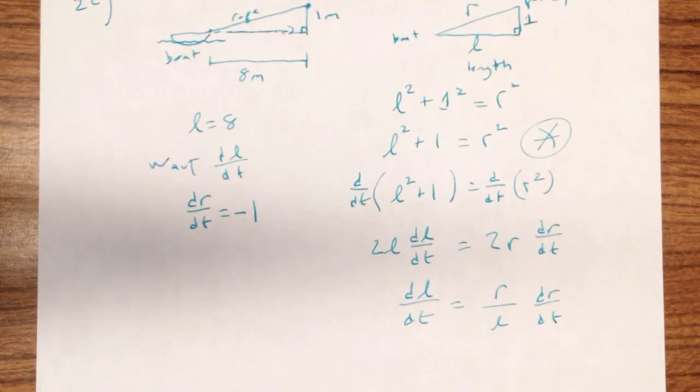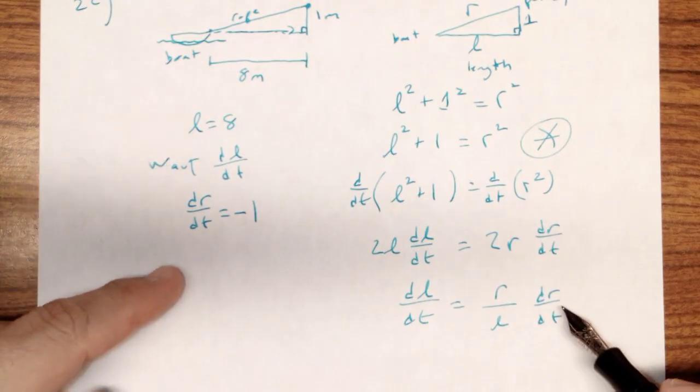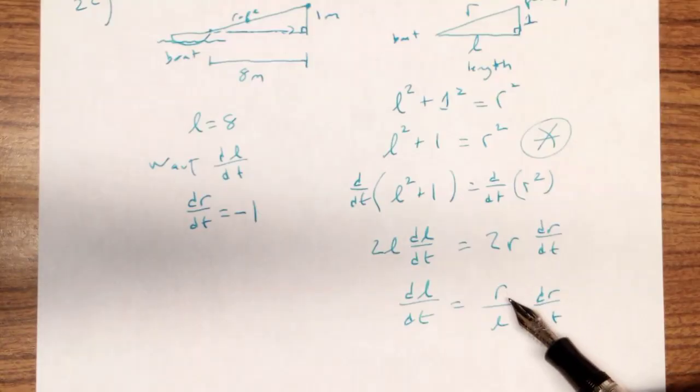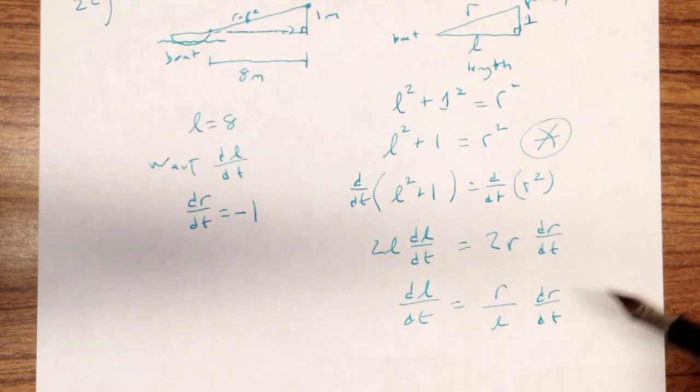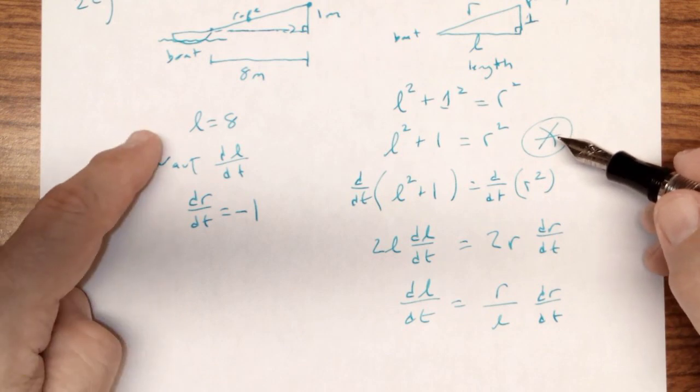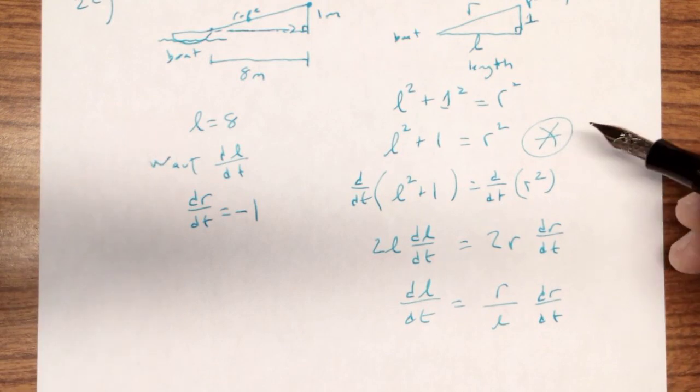And I can plug in everything I know. I know L, I know dr dt, I don't know R. All right, wait a minute. How can I get R? Oh, I can go right back up here to where it says star. And I can put in the L I know, and I can get out the R I know.